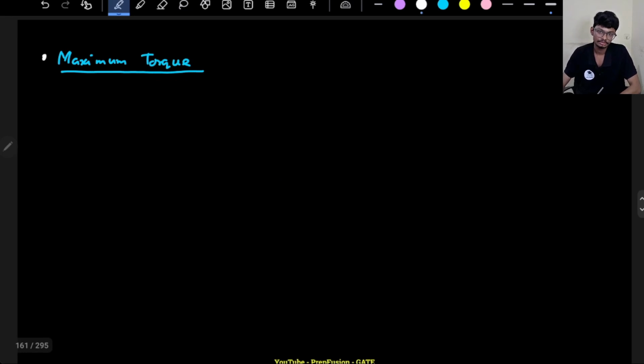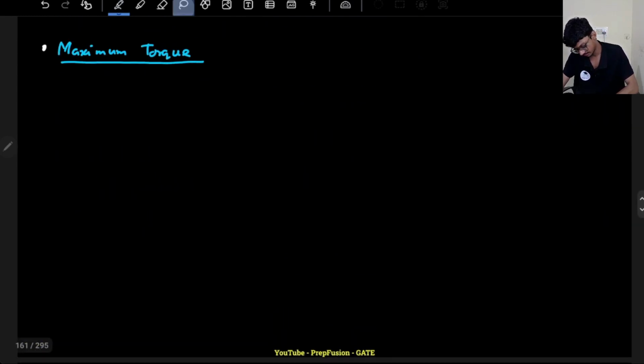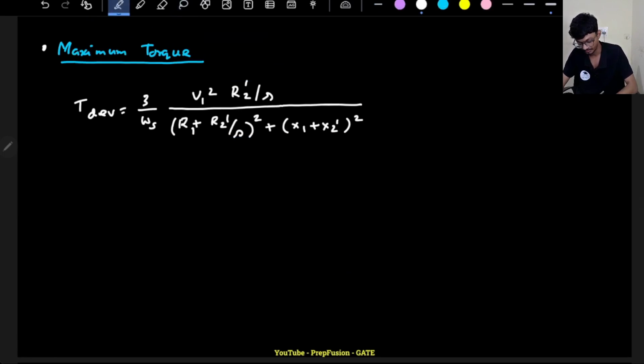So what is the torque expression? The torque expression is this. With respect to slip, we have to take the derivative and make it 0. That will give me the expression for maximum torque.